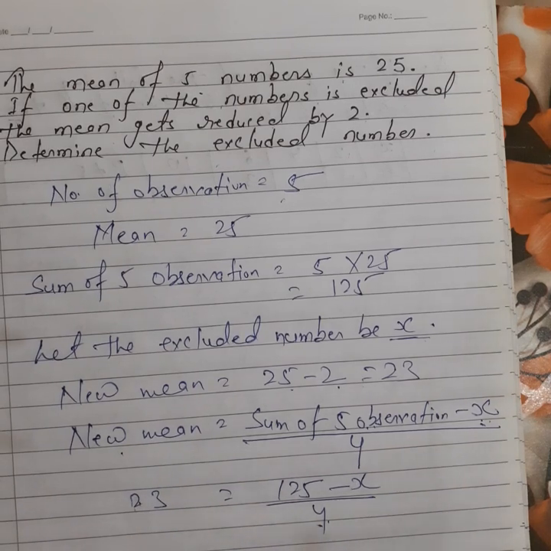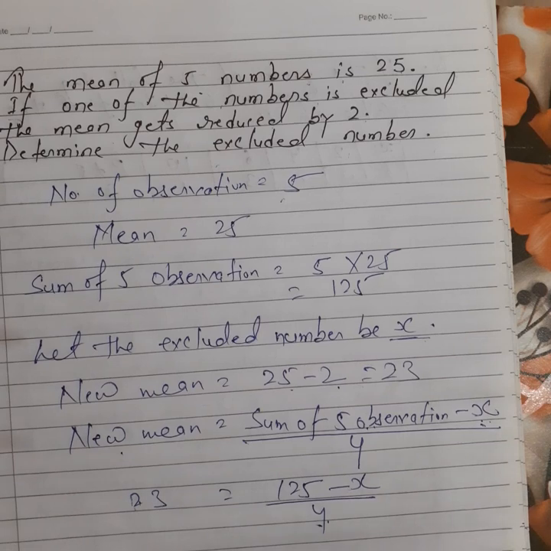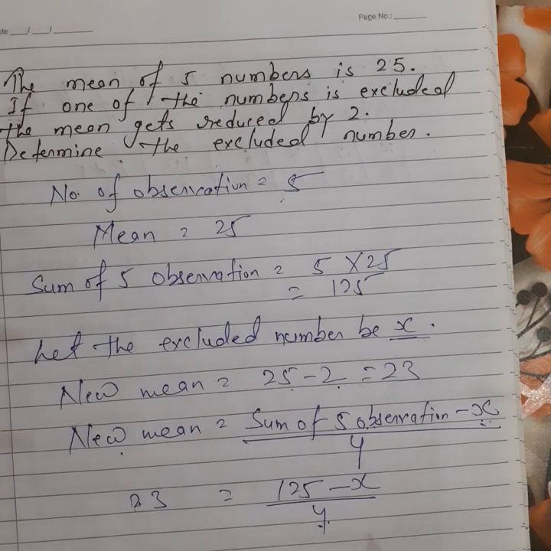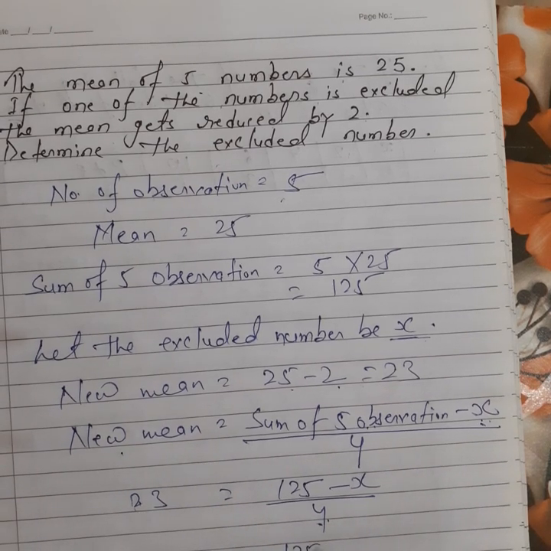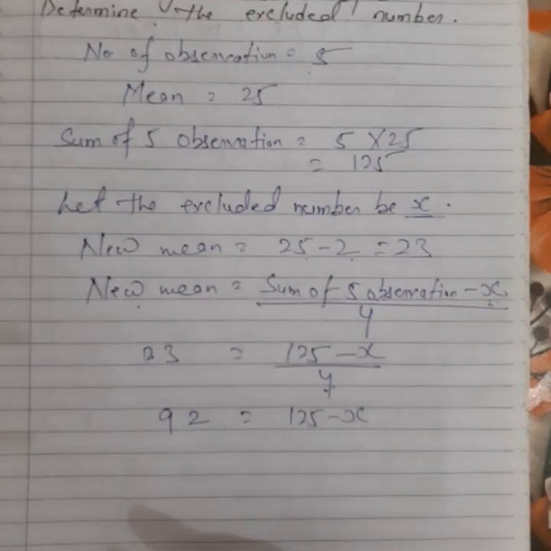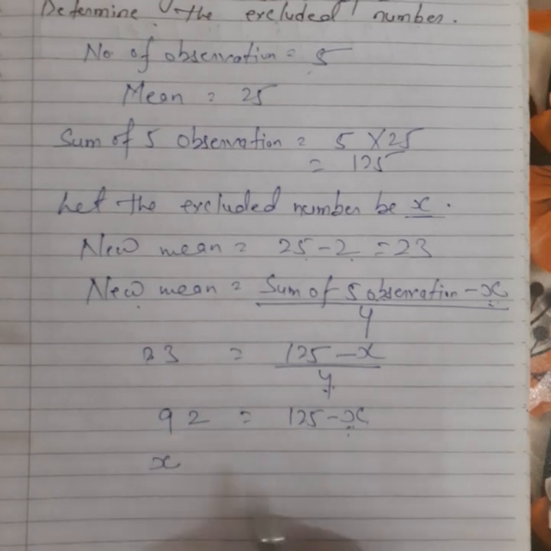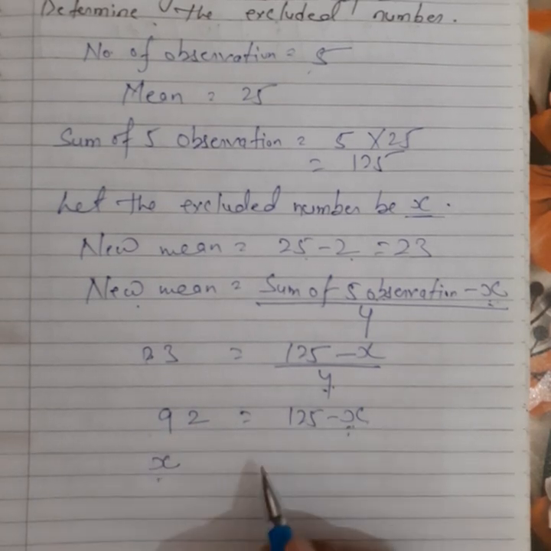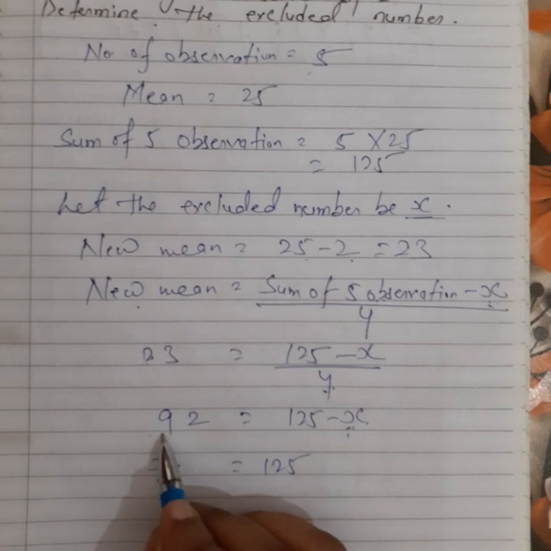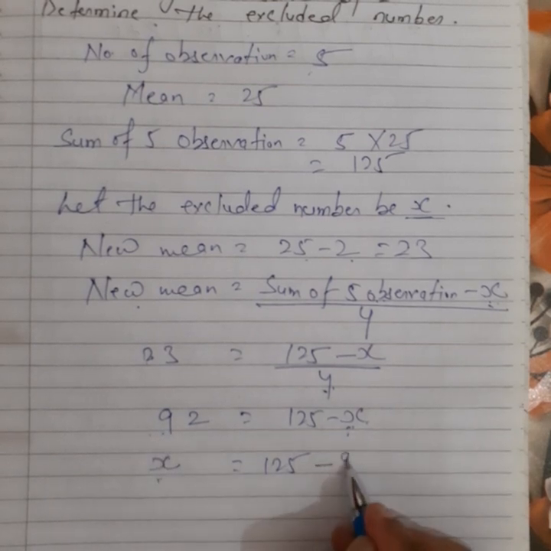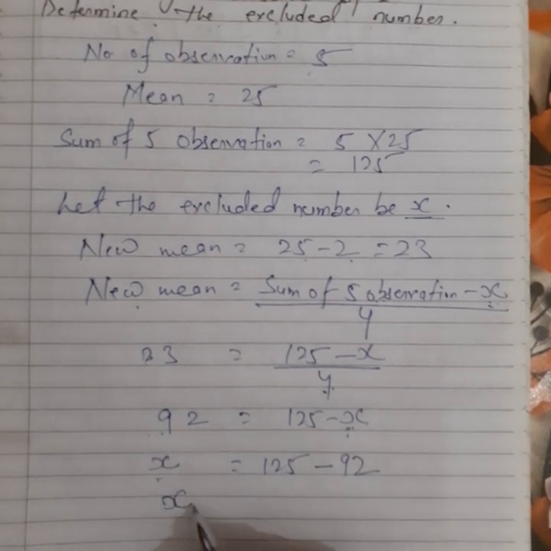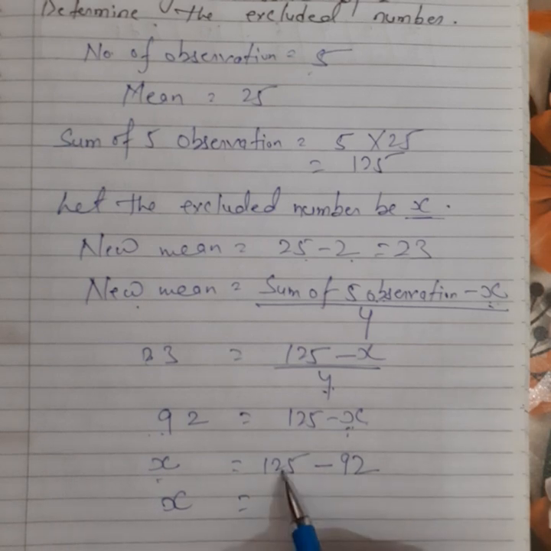Now cross multiplication. It becomes 92 equals 125 minus x. Now on this side x is negative, so we change the side and it becomes positive, and 92 is positive on this side, so we change its position, and we get the value of x is 125 minus 92.